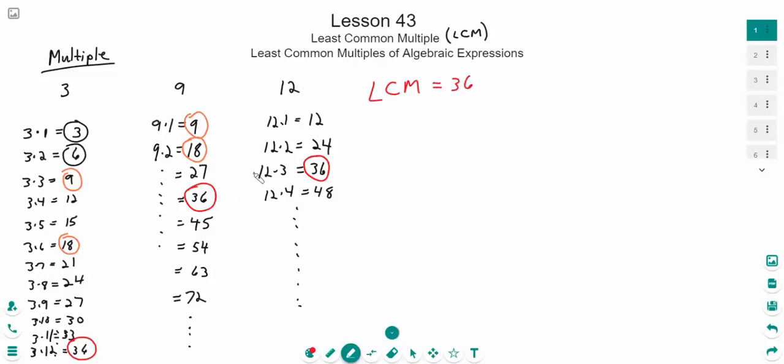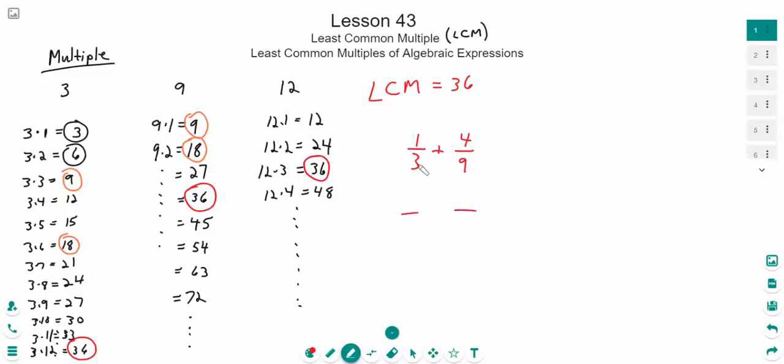Okay? Now, this should seem really familiar to you because you've done this many times when you're trying to find the least common denominator, the lowest common denominator. So if I had 1/3 plus 4/9, the first thing you would do here is try to find a common denominator. And to do that, you would use the least common multiple.